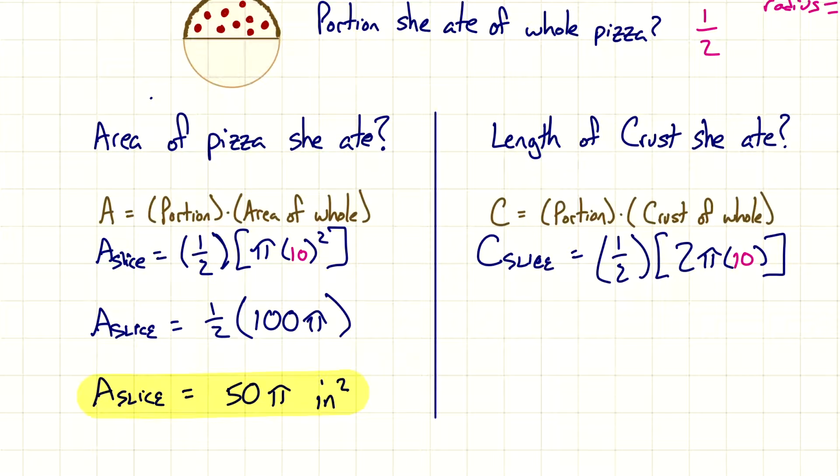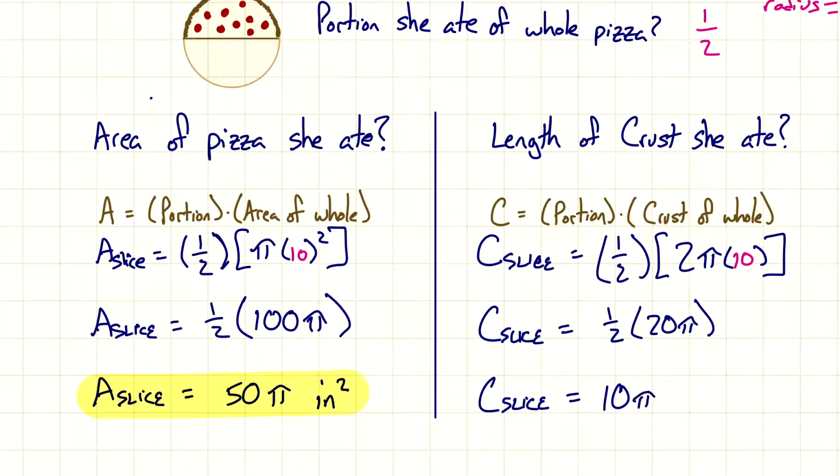So when we simplify this, the crust of that slice is going to be 1/2 of 20 pi. And so the crust of just the slice she ate is going to be 1/2 of 20, which is 10 pi. And this is going to be inches. So be careful here.